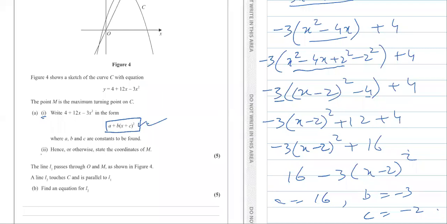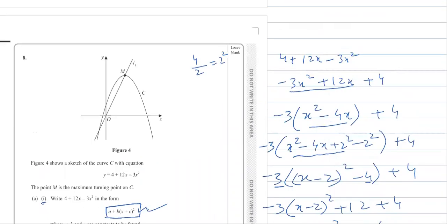Now the second part is: hence or otherwise state the coordinates of M. Clearly you can see here M is the maximum point, and if an equation is written in this form, a plus b into x plus c whole squared, then for the coordinates of the turning point, always change the sign of this one, that will be the x coordinate, and then that one.